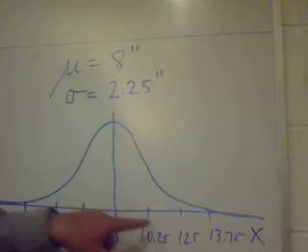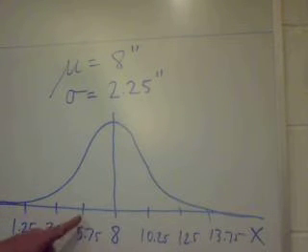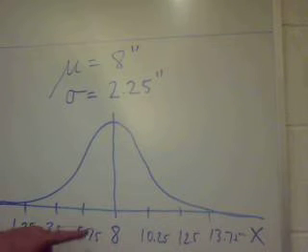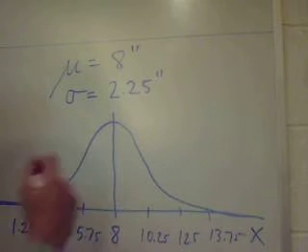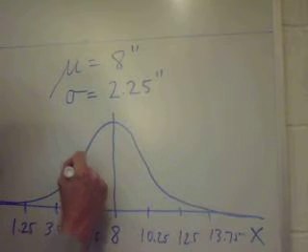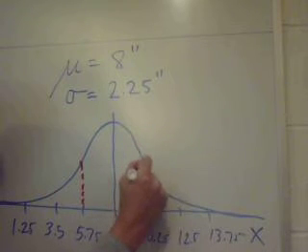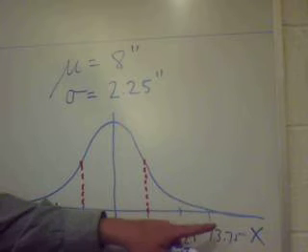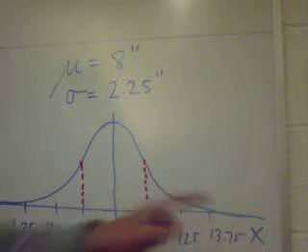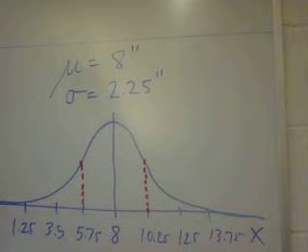These inflection points: the left inflection point is 1 sigma below mu, the right inflection point is 1 sigma above mu. Inflection points are where the curve changes from being curved downward to curved upward. So we say x is normally distributed. X is the length of one fish that's taken out at random from the lake.